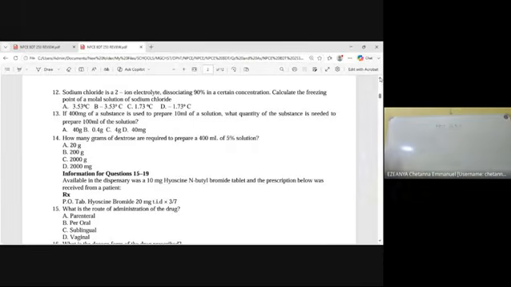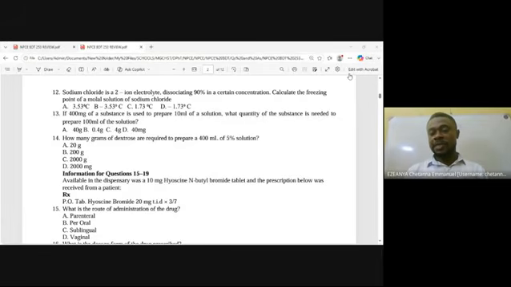It involves sodium chloride, which is a 2-ion electrolyte, with 90% dissociation.